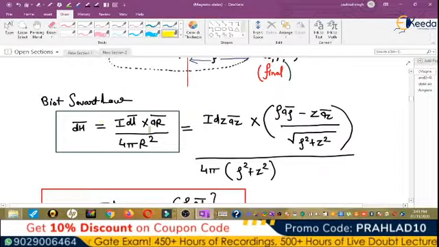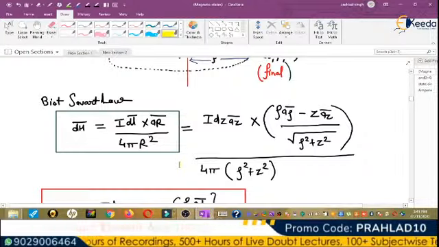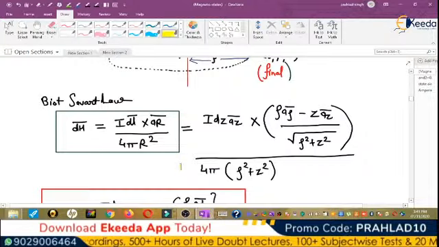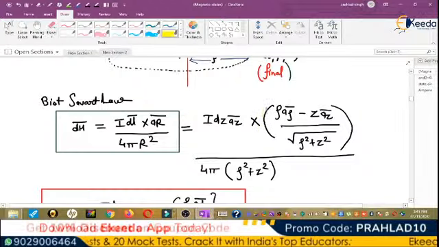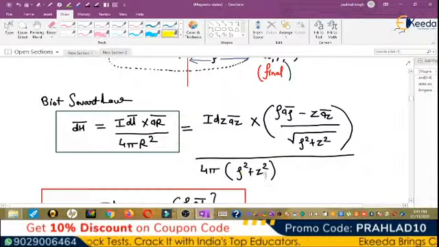According to the Biot-Savart law, dH is I dl cross AR vector by 4 pi r squared. So this is I dz a_z vector cross AR vector, where AR vector is rho a_rho minus z a_z by root of rho squared plus z squared, divided by 4 pi times rho squared plus z squared, since R squared is rho squared plus z squared.